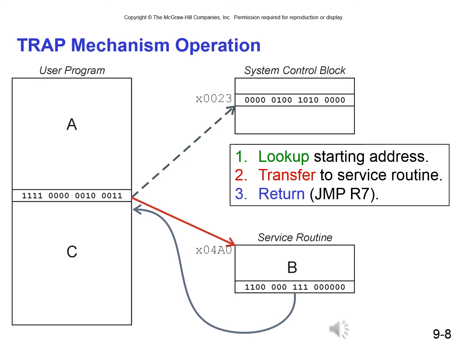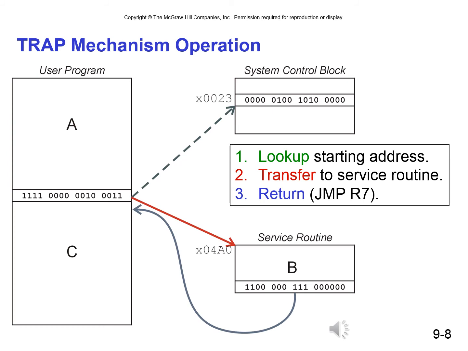And the address stored at hex 23 is hex 04A0. So 04A0 is actually the first instruction in the service routine.